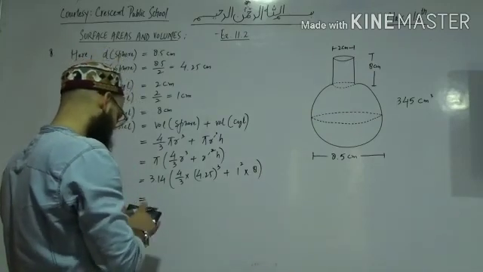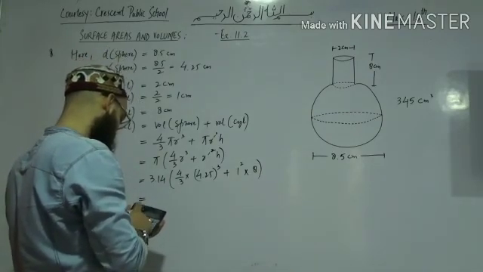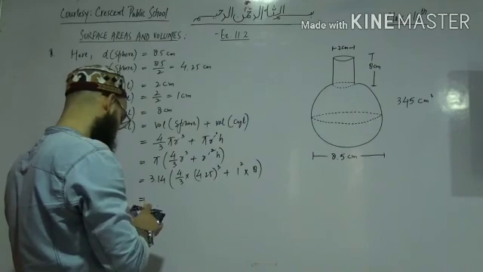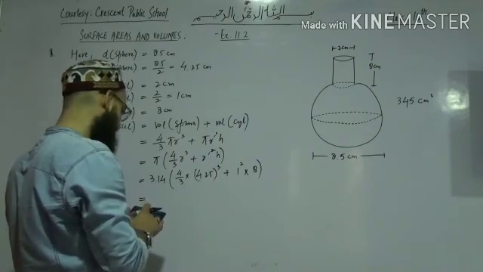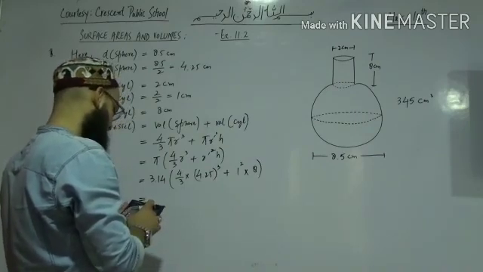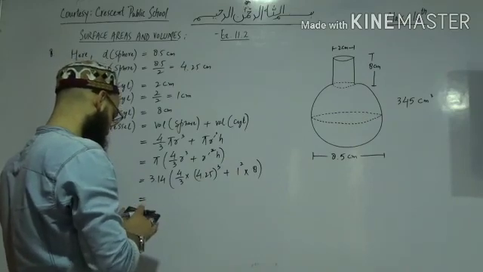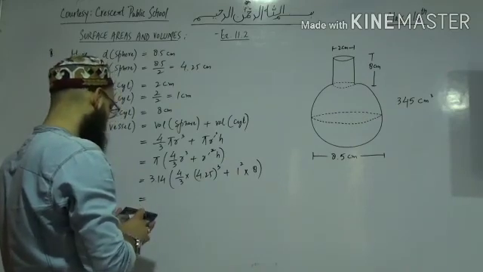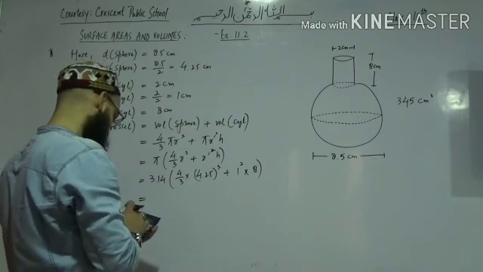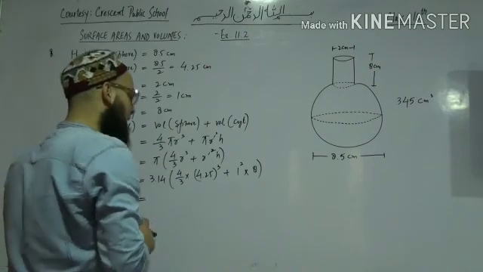You'll get 4 times 4.25 times 4.25 times 4.25 divided by 3, plus 8, times 3.14.